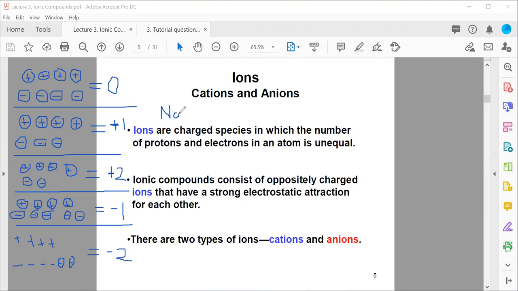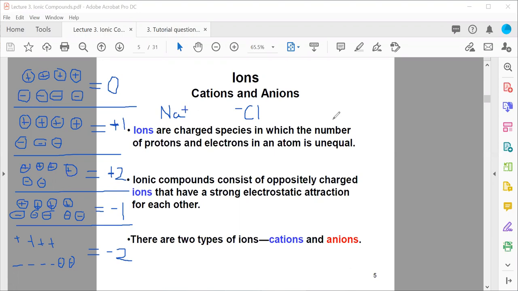So we saw that sodium had a single positive charge on the previous slide, and we saw that chlorine had a single negative charge, which I'm going to draw here to the left just to illustrate a point. Positive and negative. What do you think will happen between a positive and a negative charge?